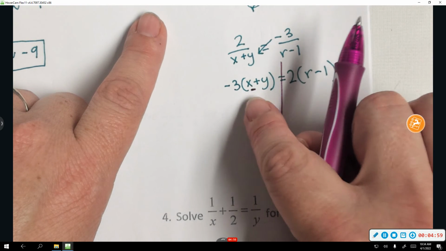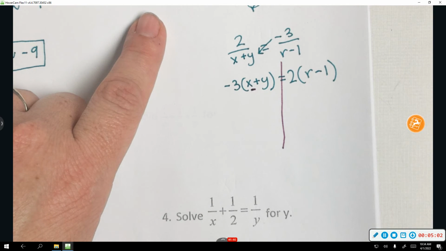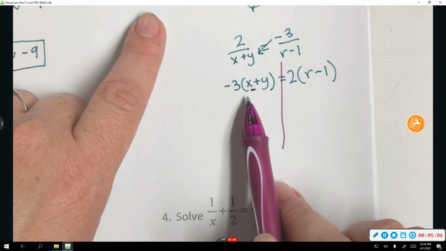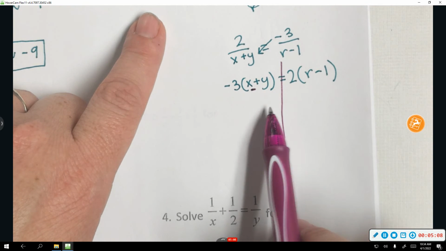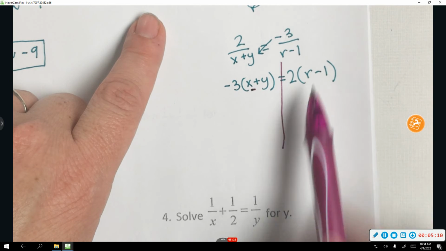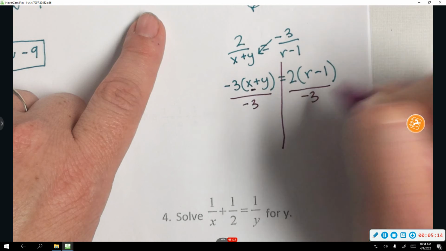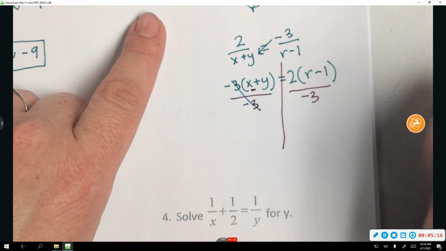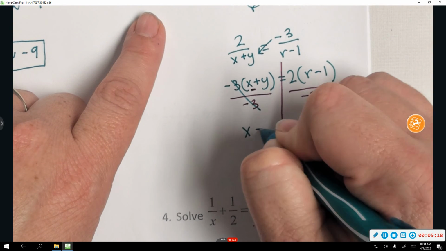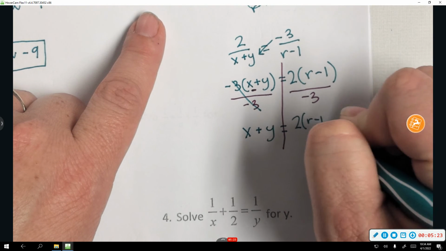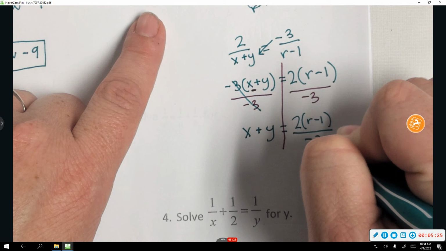So what do you want to get rid of first? What do we have to get rid of first? The negative 3, because it's on the outside of the parentheses. Now, you could distribute it, but then you'll have to simplify a fraction over here later, or you could divide both sides by negative 3. And so then you're left with x plus y equals 2r minus 1 over negative 3.